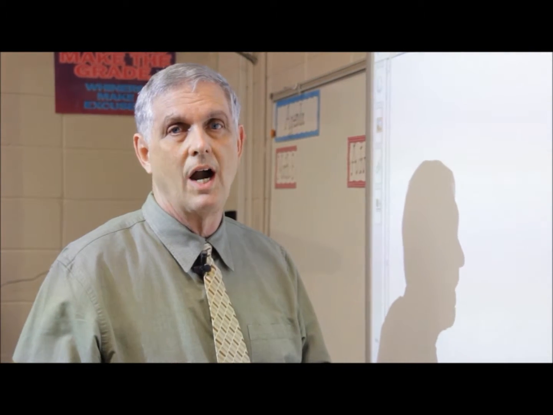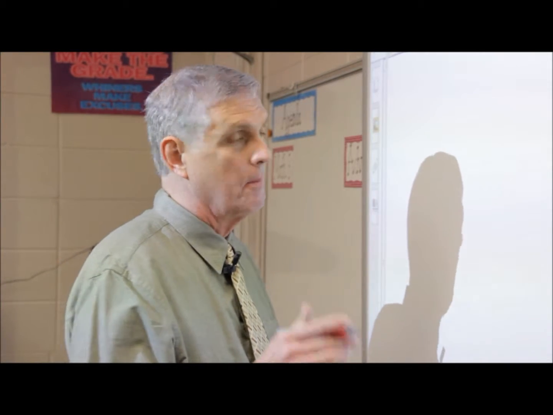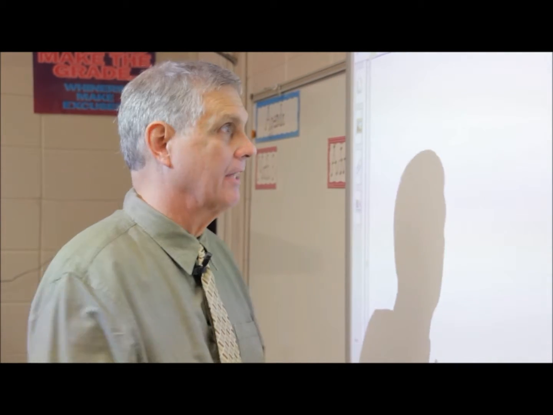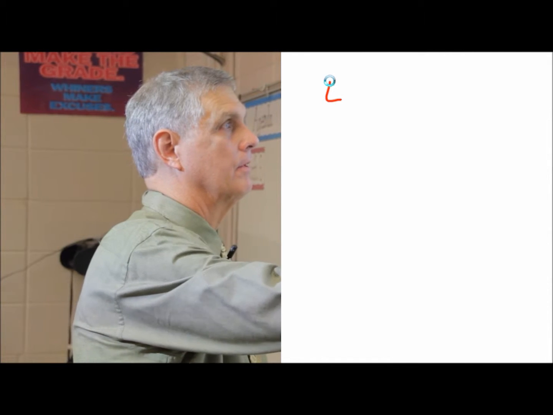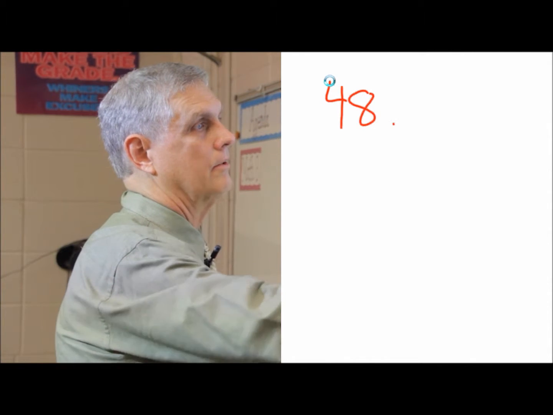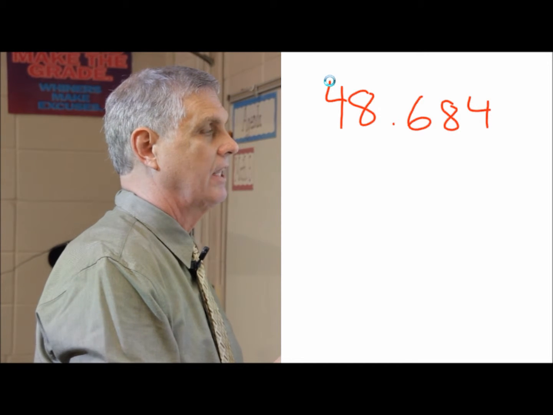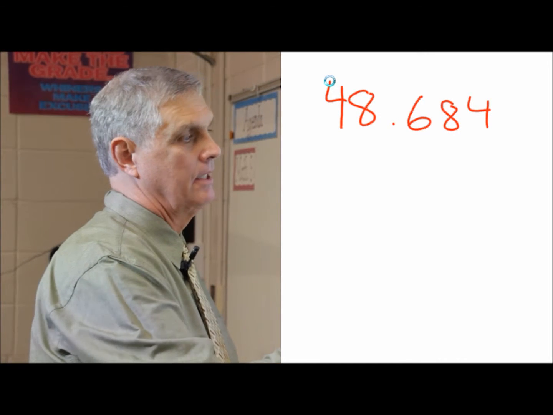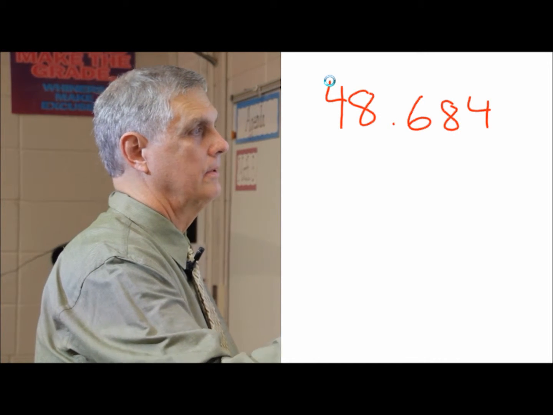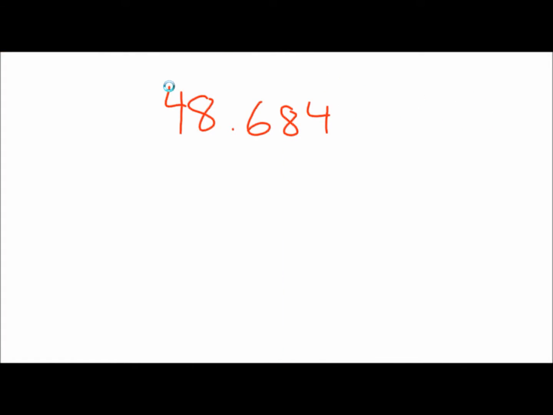When you are adding or subtracting decimals, make sure that you line up the decimals. Now let's put 48.684, and let's say we've got 3.2. Okay, you don't want to put that 3.2 over here, obviously. So what you want to do is make sure that you line up the decimals.